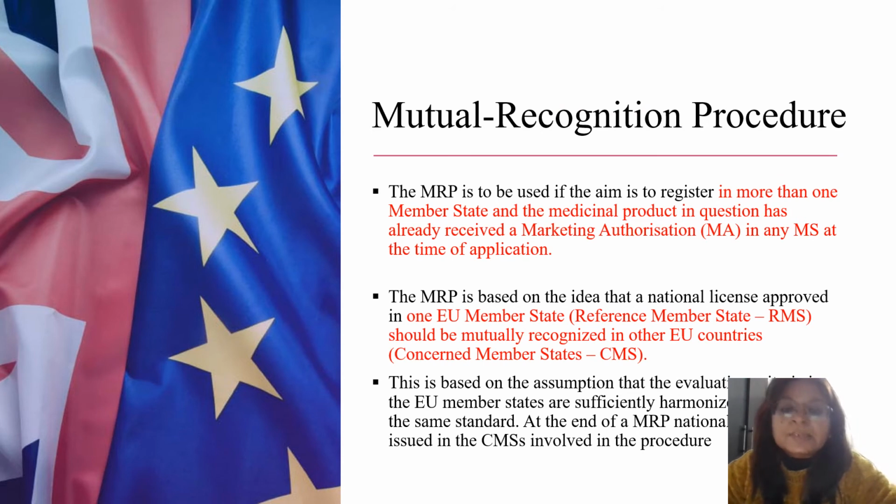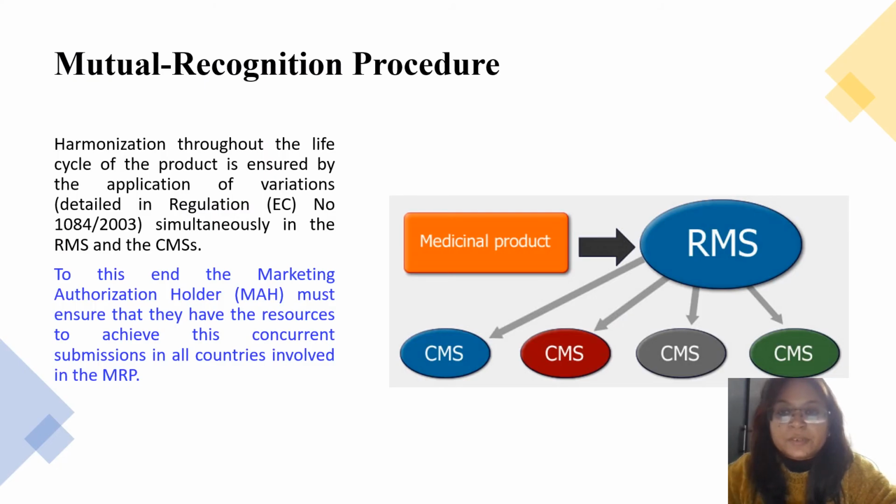So my dear students, through the mutual recognition procedure you already have the product approved in one of the countries, and later on you decide to market in another few countries. The country where you already have approval and your product is on the market becomes your reference member state, RMS.